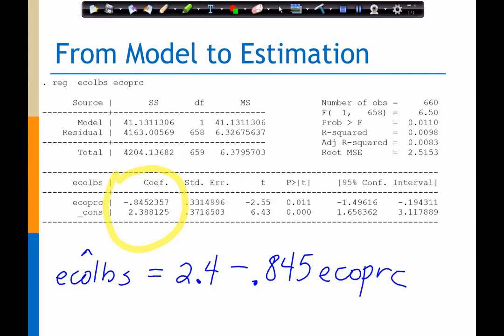So if the price of eco-friendly apples went up by 1, in this case $1, then the quantity of eco-friendly apples that would be purchased falls, in this case by 0.845 of a pound. The important thing is there's a negative relationship between the two, i.e. we have a negative coefficient, so that as price goes up, quantity falls.